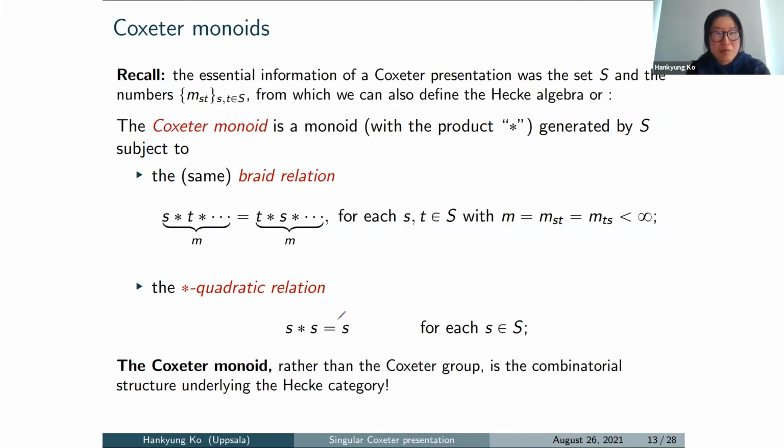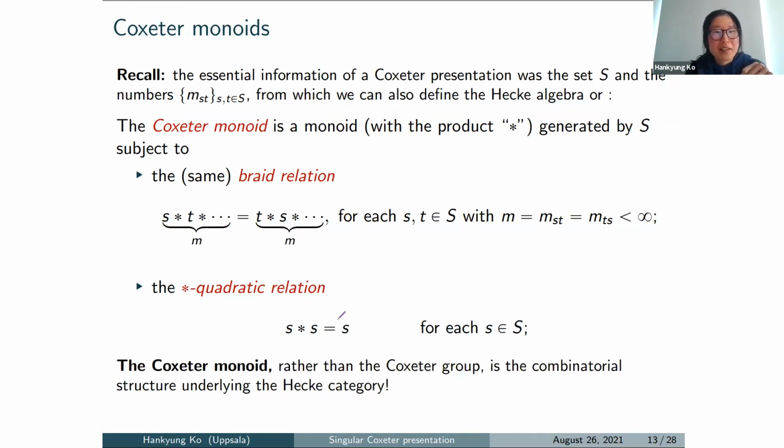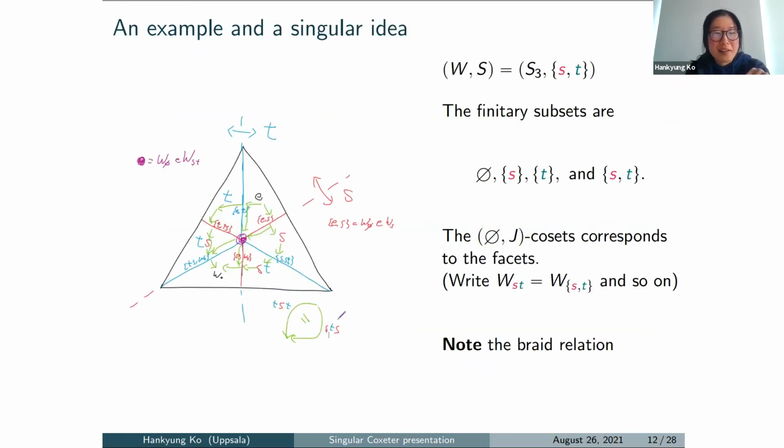And to make another remark on why this might be useful, let me contrast the Coxeter group and the Coxeter monoid in terms of the paths in such a complex.